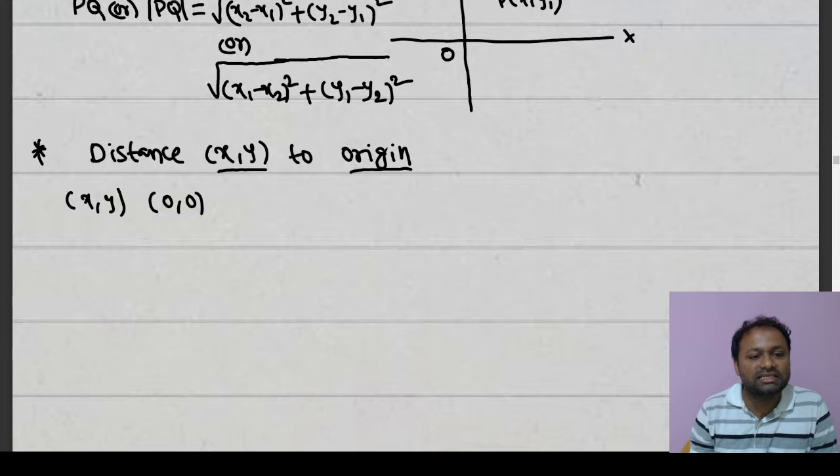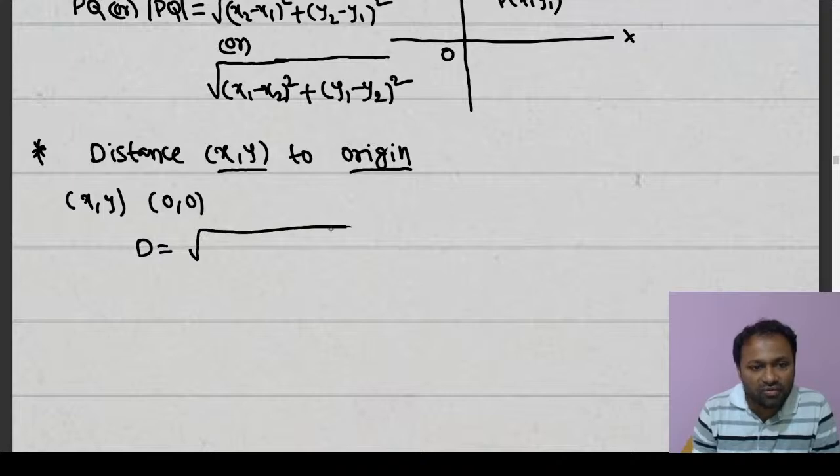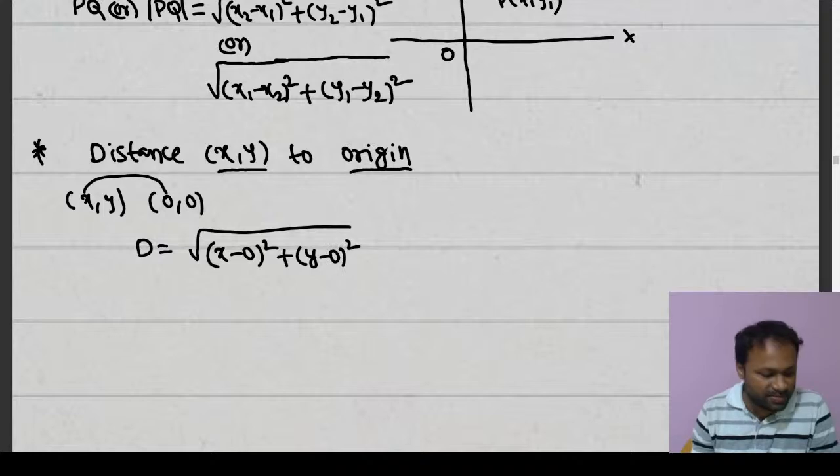Okay, so these will be the 2 points. Here the distance formula we know, the distance is equal to under root of x2 minus x1 or x1 minus x2 whole square. We can take any one method: x minus 0 whole square plus y minus 0 whole square. That is equal to, directly we can write it as, under root of x square plus y square.